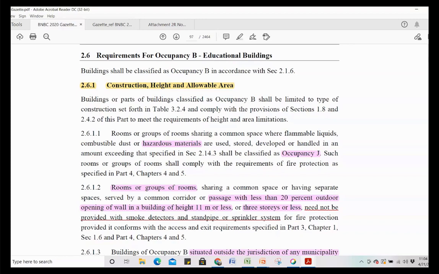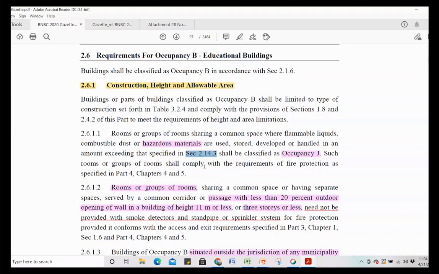Rooms or groups of rooms sharing a common space where flammable liquids, combustible dust, or hazardous materials are used, stored, developed, or handled in an amount exceeding that specified in section 2.14.3 shall be classified as occupancy J. As we already know about the exempted amount for hazardous material, if it is within the exempted amount, then it can be kept in a control area and can be part of the main occupancy.